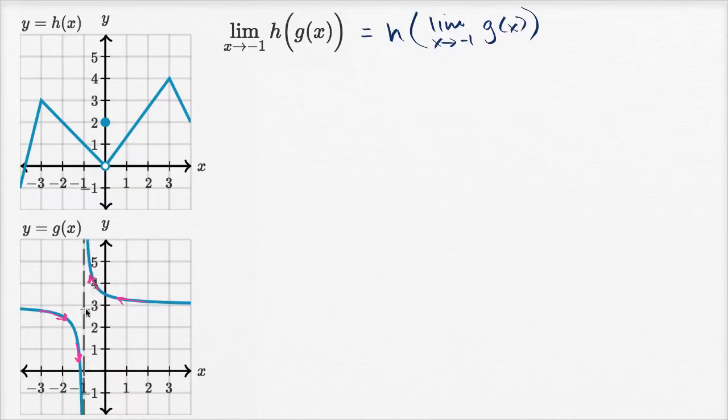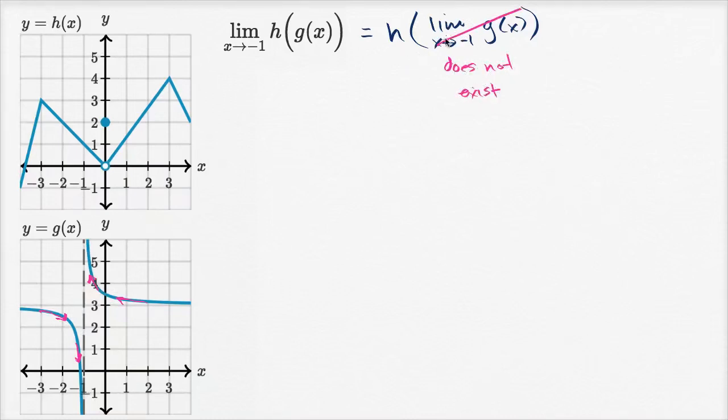Even if they were both approaching the same direction of infinity, we would say that the limit's not defined, or at least that's the technical idea here. But one is going towards positive infinity, and the other is going to negative infinity. So this limit right here is undefined. It does not exist.